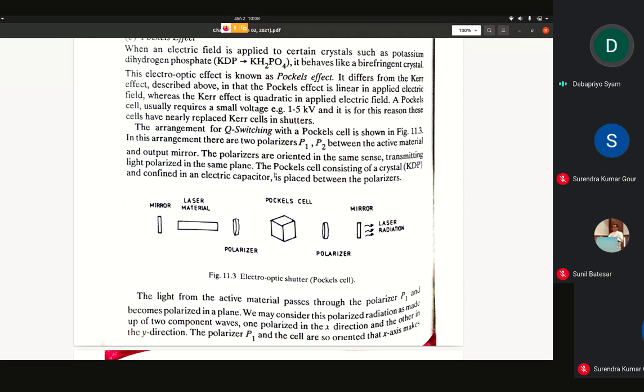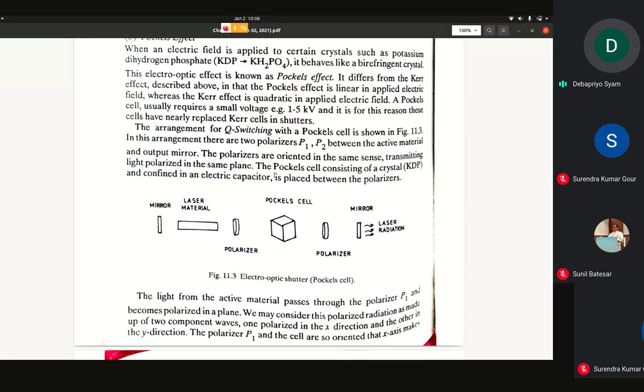The focal cell is made of such a size, and the electric field is such, that it acts as a half wave plate. As the radiation passes, its plane of polarization rotates by 90 degrees.